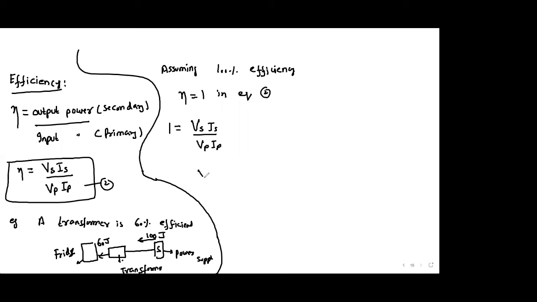If I multiply it here, then VPIP is VSIS, or you can say that VS by VP is IP by IS. That is the relation between voltage and current. So this is equation number 3.